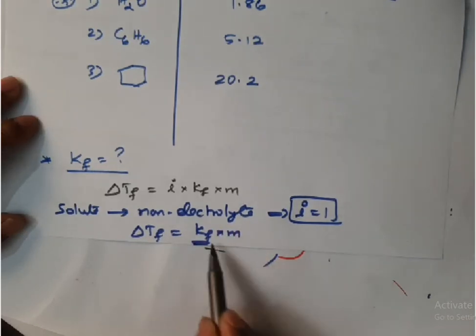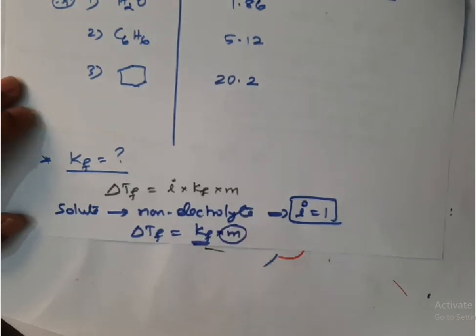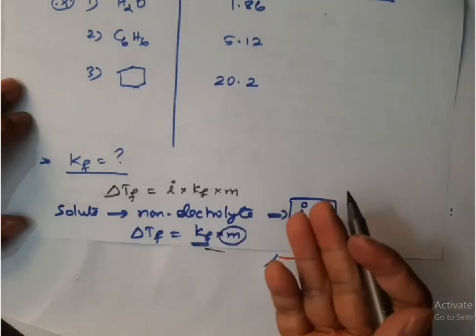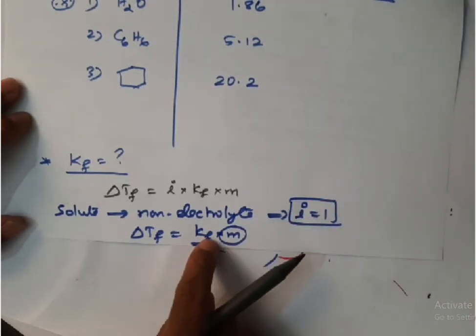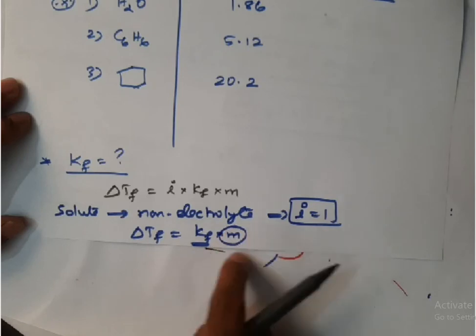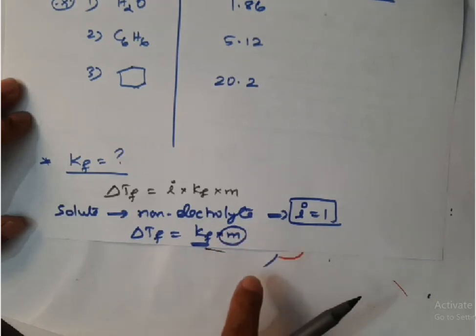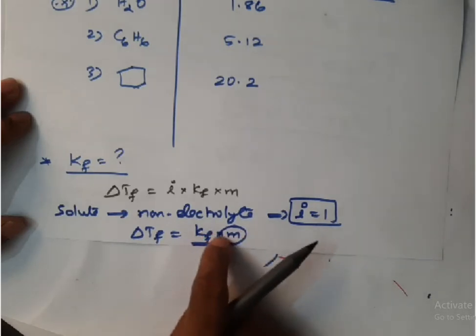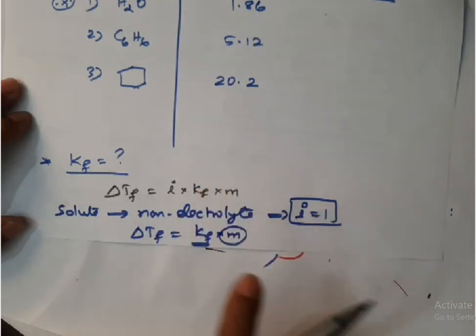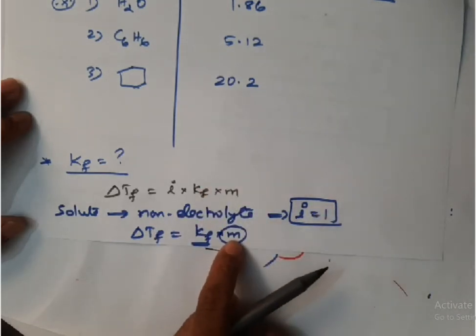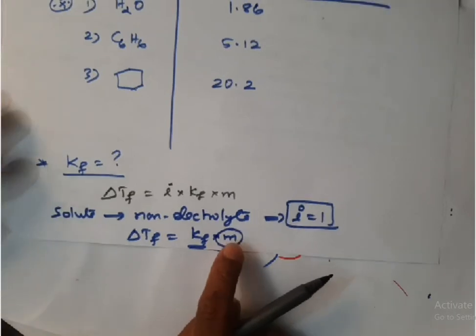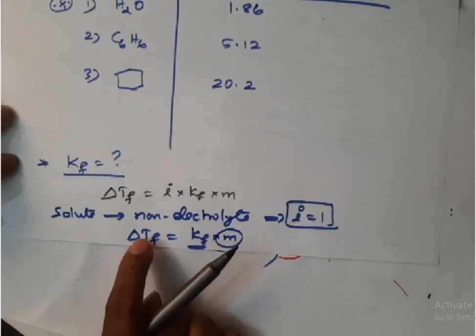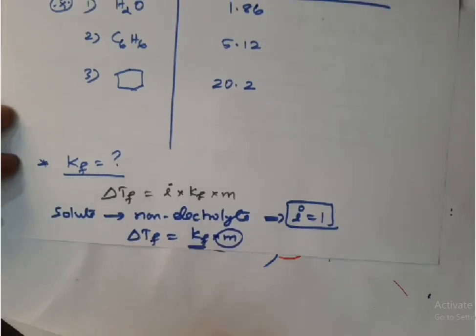Because Kf is the proportionality constant, to define a proportionality constant, you should keep all other quantities as 1. All other quantities present along with Kf, you should keep them as 1. So if you put m equal to 1, meaning a 1 molal solution, whatever delta Tf comes, that is nothing but equal to Kf.